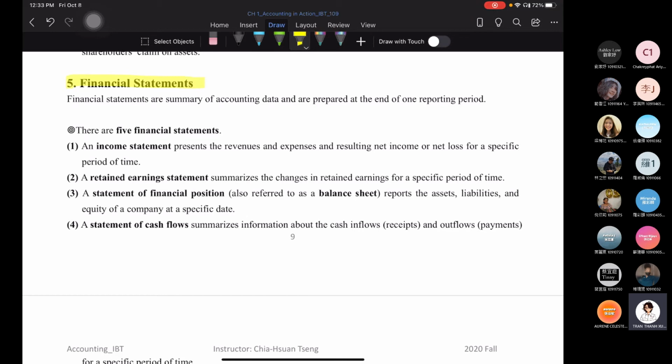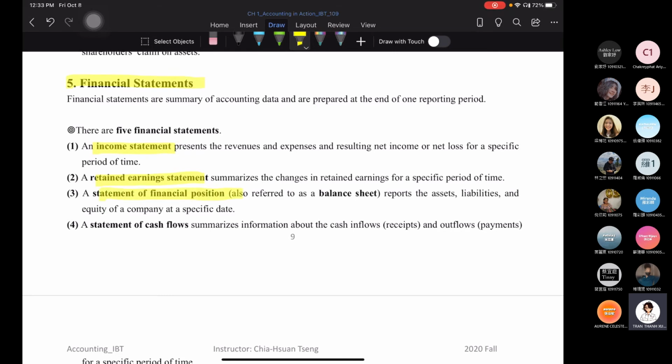For example, if they ask you to do the income statement, you just need to determine all the revenue and expenses to get the net income. For the retained earnings statement, just take the old retained earnings, add net income, subtract the dividend, and then you get the new retained earnings, isn't it?